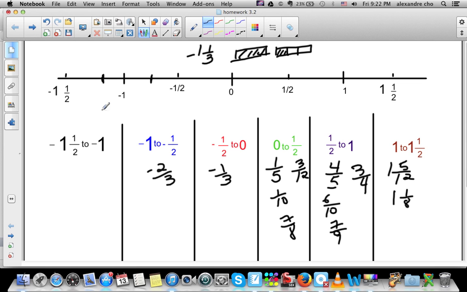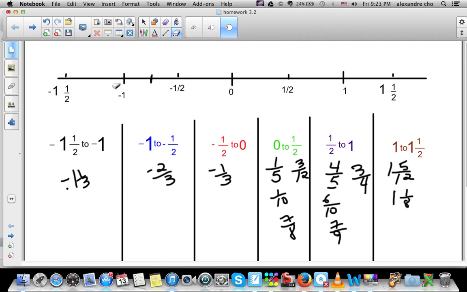So that lies somewhere over here. So we're going to say that it's right here, negative 1 and 1/3.